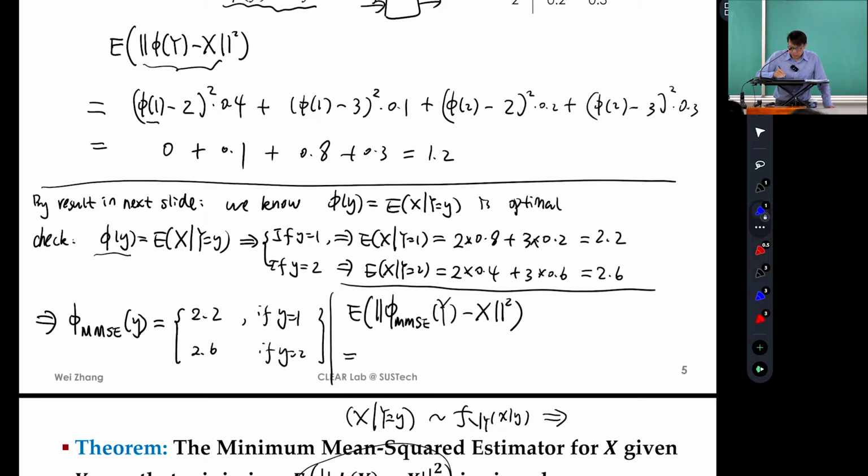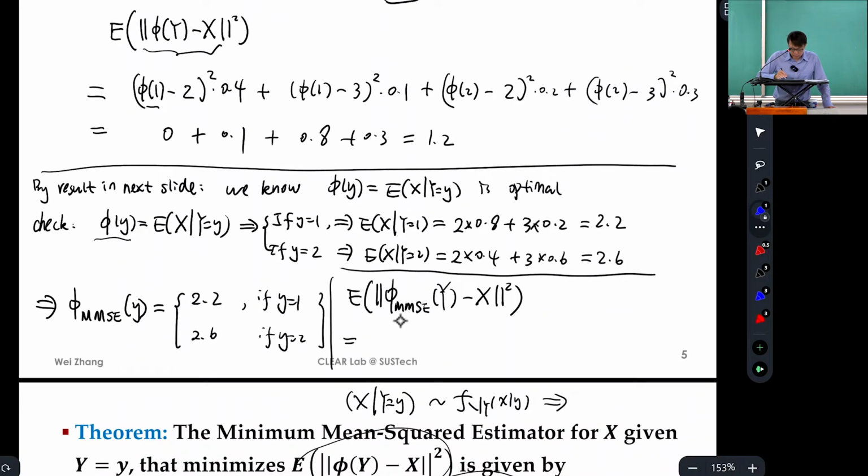So in this case, let's first pick Y equal to 1. When Y equals 1, I always guess 2.2, right?